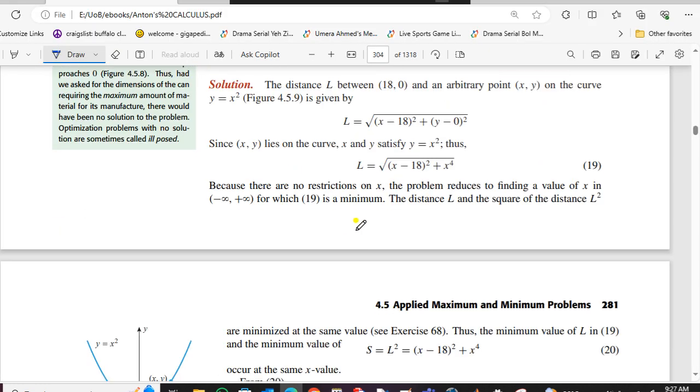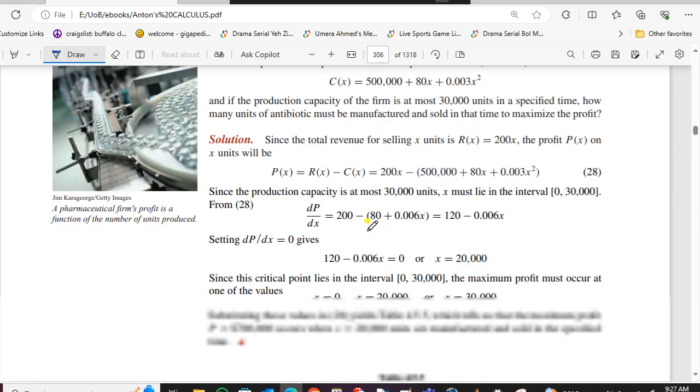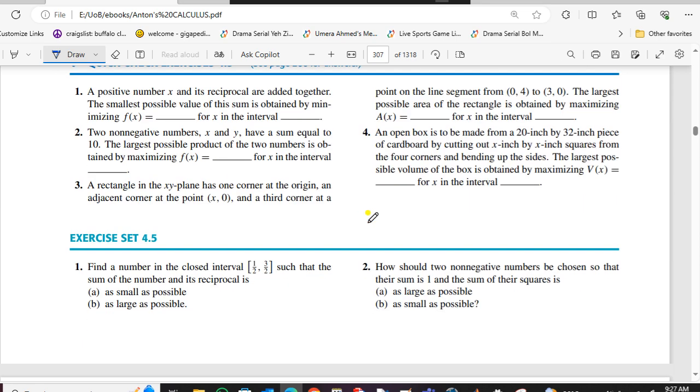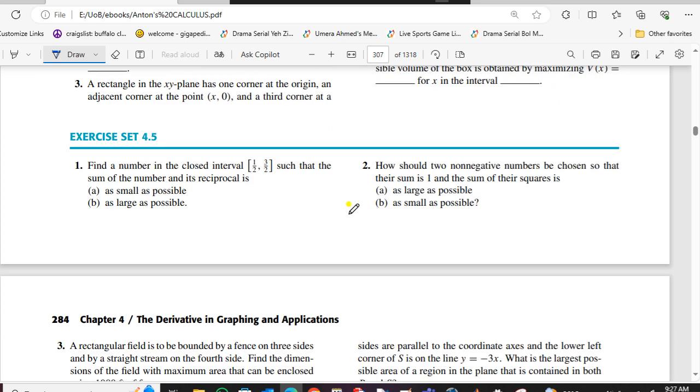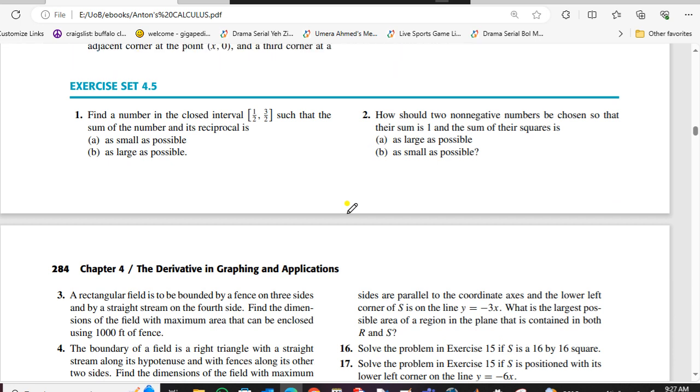So anyway, let's see. I can do one example from the exercise. These are all examples. Examples are solved usually easy, right? Find a number in a closed interval such that, see the first question, exercise set 4.5.